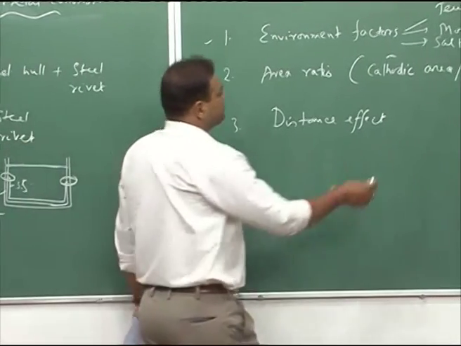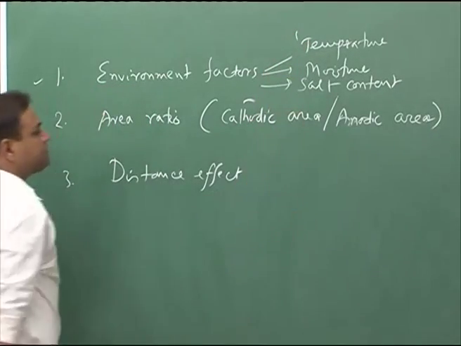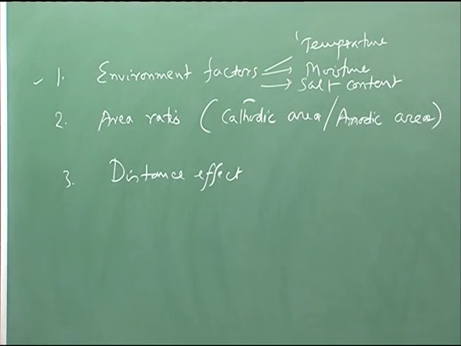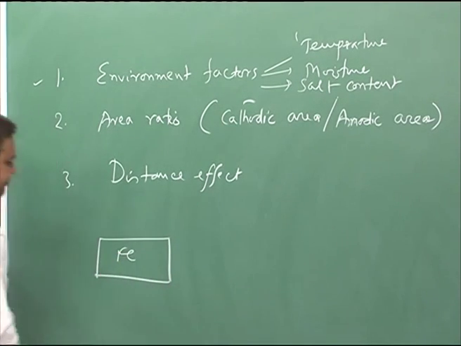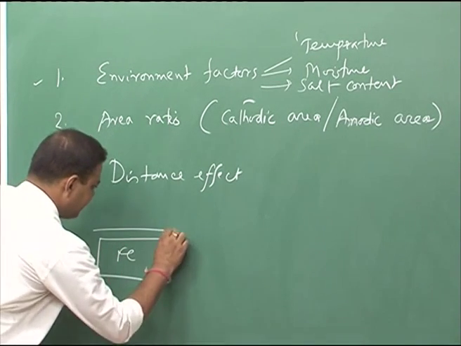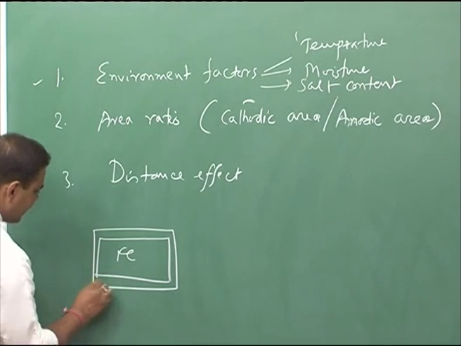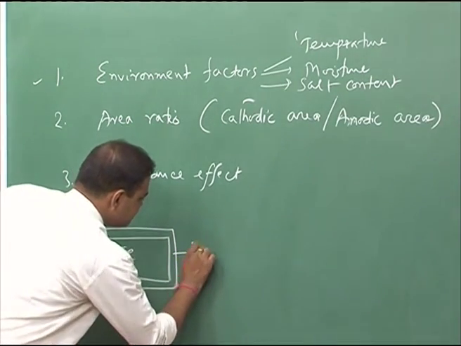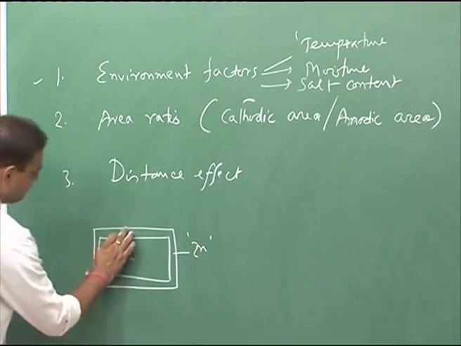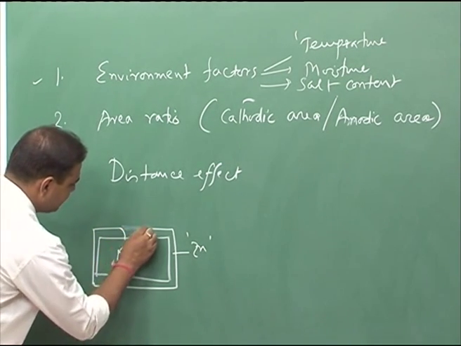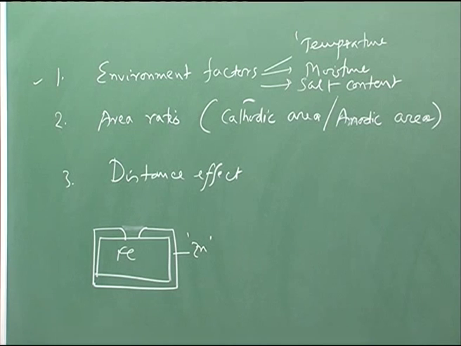Now, as we are discussing the temperature effect, let us say we have iron with a galvanized coating on top. Galvanized means zinc coating, and let us say some part of this galvanized coating is damaged.